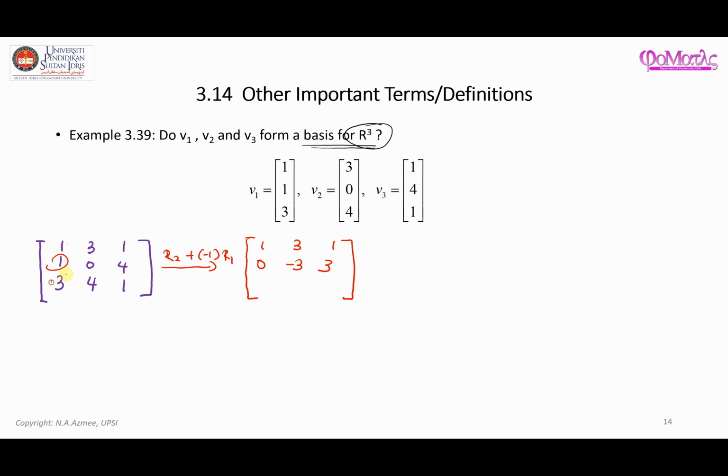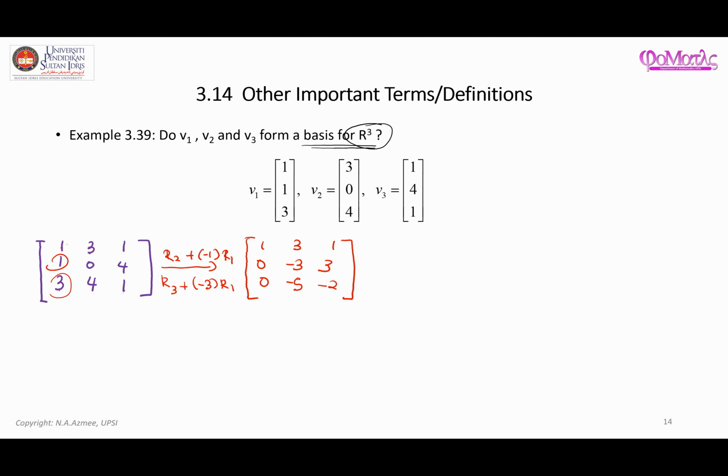Also, this part should be reduced to 0 as well. So R3 plus -3 R1. So 3 minus 3, 0. 4 minus 9 is -5. 1 minus 3 is -2.